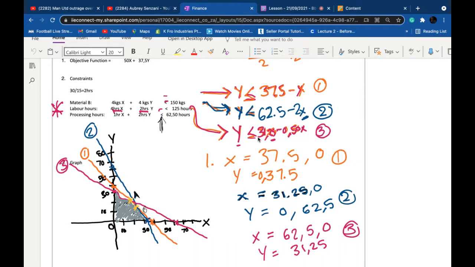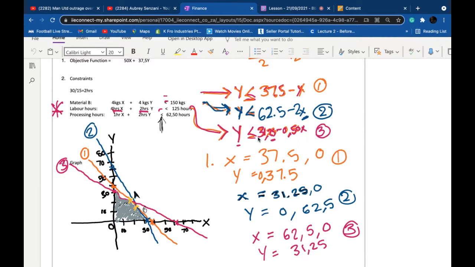When we have the equations, we flip them and make Y the subject of each. Then we say, if we replace Y with 0, what will X be equal to, coordinate-wise? If we replace X with 0, what will Y be equal to?